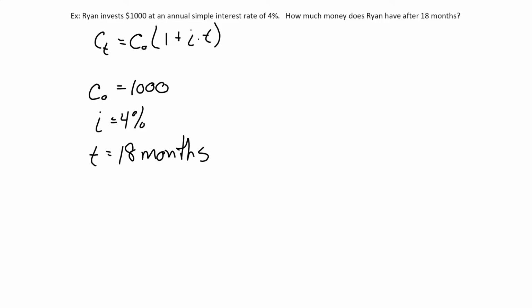Now, a couple things. The term is in months, but the interest rate is in years, so we need to get them to be consistent. We know that 18 months is equal to 1.5 years, and 4% is going to be 0.04. So now we have everything in the format that we need for our equation, so we can go ahead and find CT. We can substitute in everything.